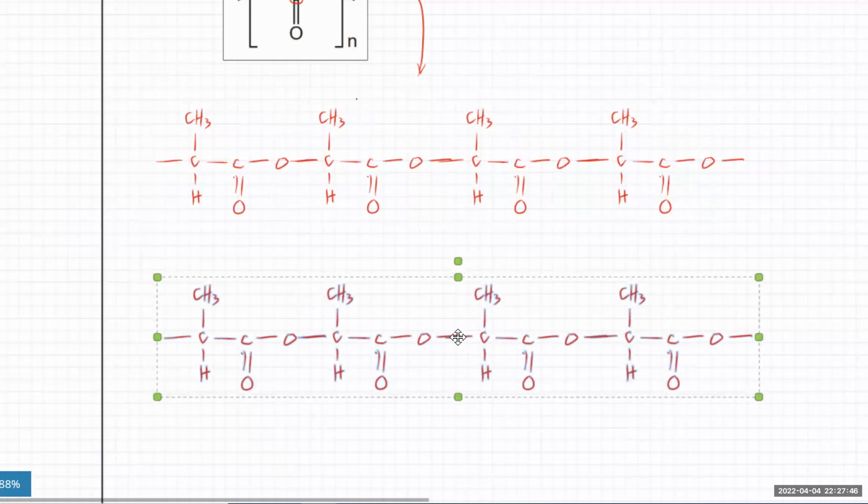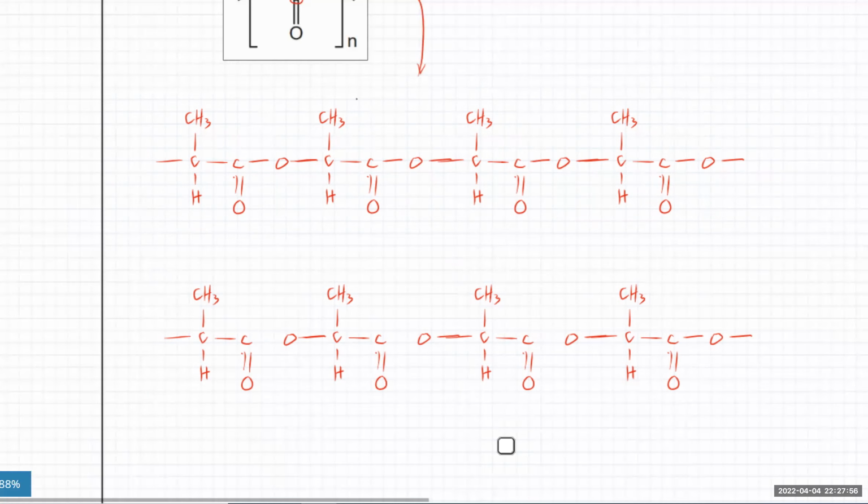So same thing. I'm going to start breaking the ester links. So that's an ester link that's gone. Here's an ester link that's gone. Ester link is gone, and the ester link over here is also gone.